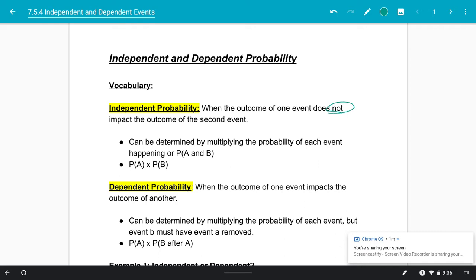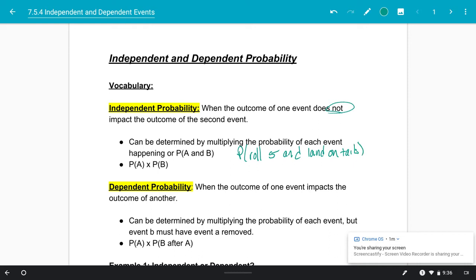And so we can determine our independent probability by multiplying the probability of each event happening, which is the probability of A and B happening. If I go back to the rolling a die and flipping a coin example, let's say I wanted to know the probability of rolling a 5 and landing on tails.